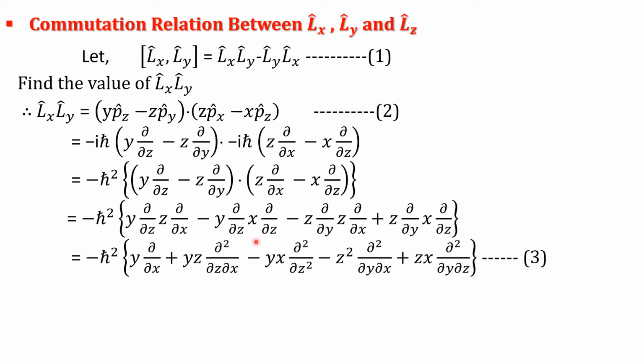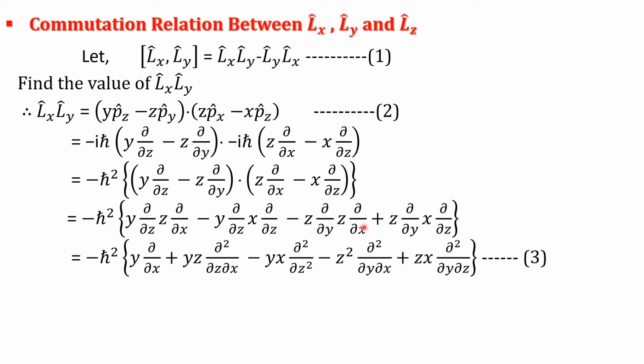Similarly, for the second term, differentiation of the x term with respect to z is 0, therefore this term becomes 0. We keep the x term constant and differentiate del/del z with respect to z. Therefore the term we get is minus yx del square by del z square. Third term: differentiation of the z term with respect to y is again 0.